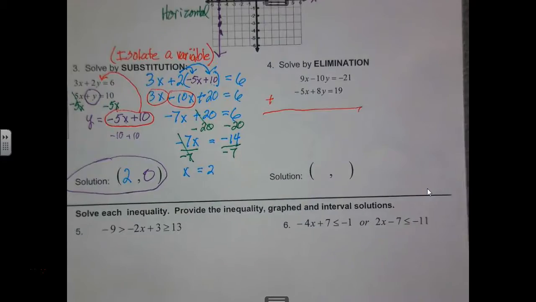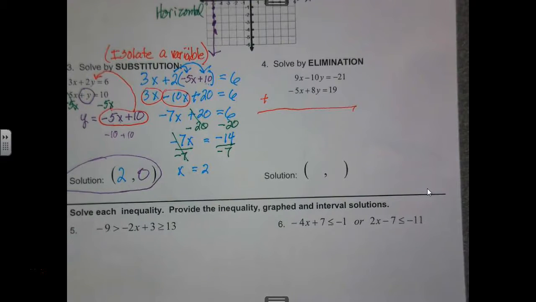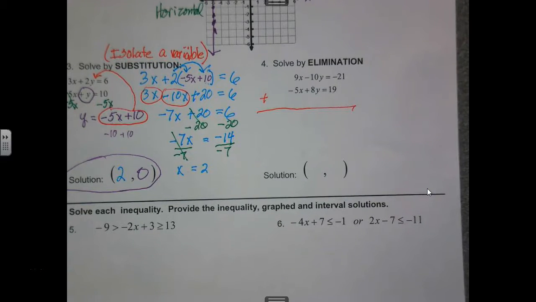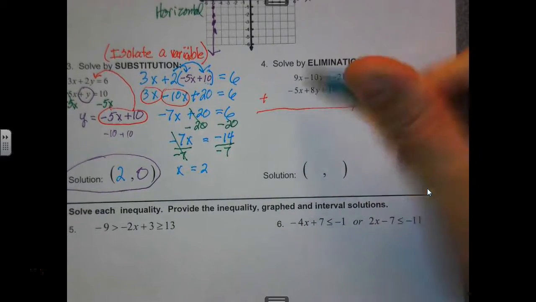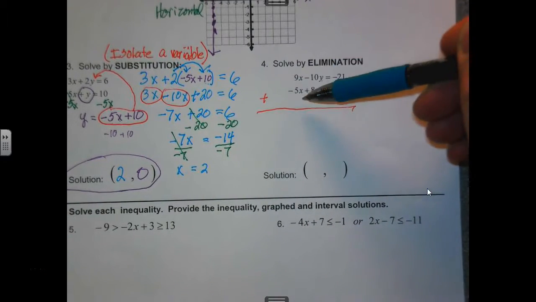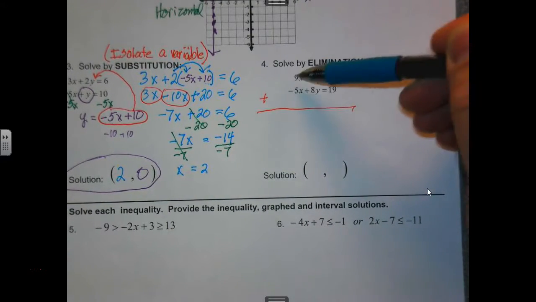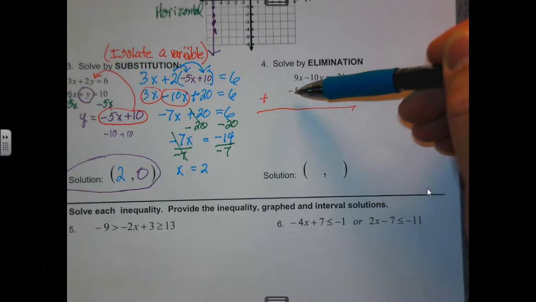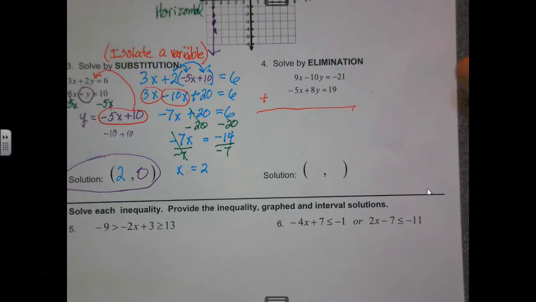So here's the trick. Gotta have patience. Here's the trick. I'm going to choose to get rid of the x's. I have a plus sign and a minus sign, so I don't have to worry about the sign. If they were the same sign, I would have to multiply by a negative number.